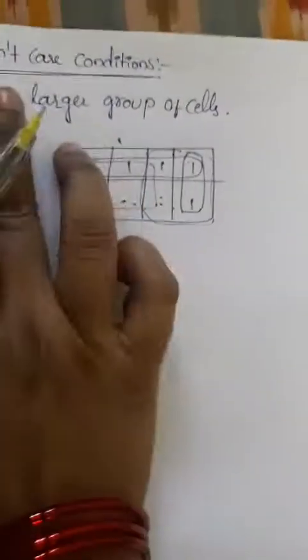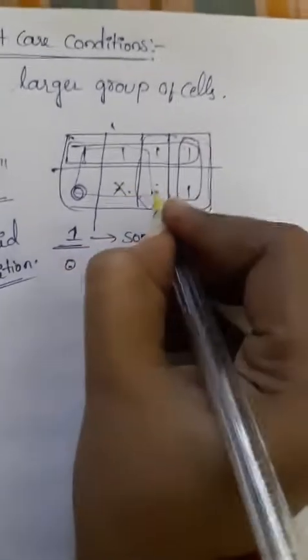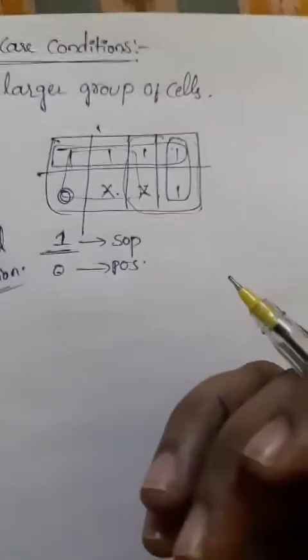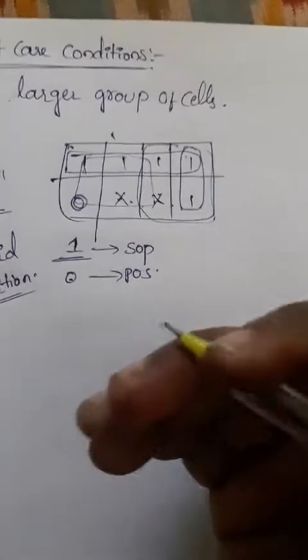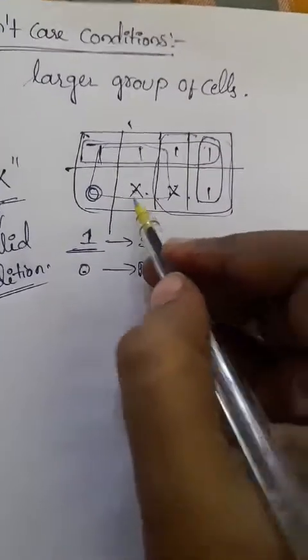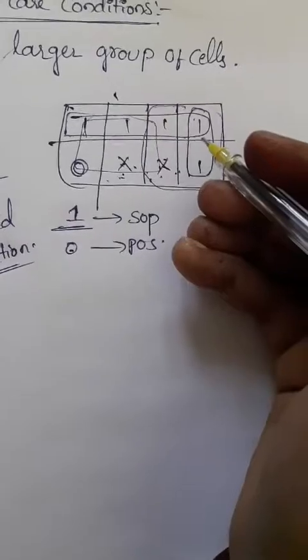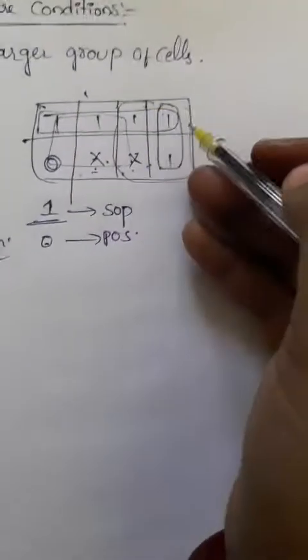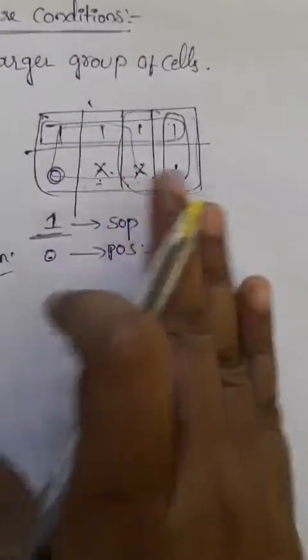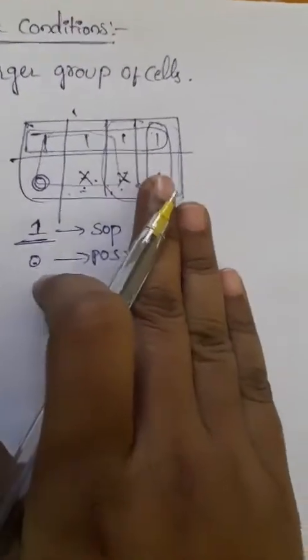So the don't care condition can help represent those empty cells by the cross condition, meaning we cannot use these two cells, right? These two are invalid cells. These don't care conditions allow us to replace the empty cell of a K-map to form a grouping of the variables. Suppose the K-map is like this.